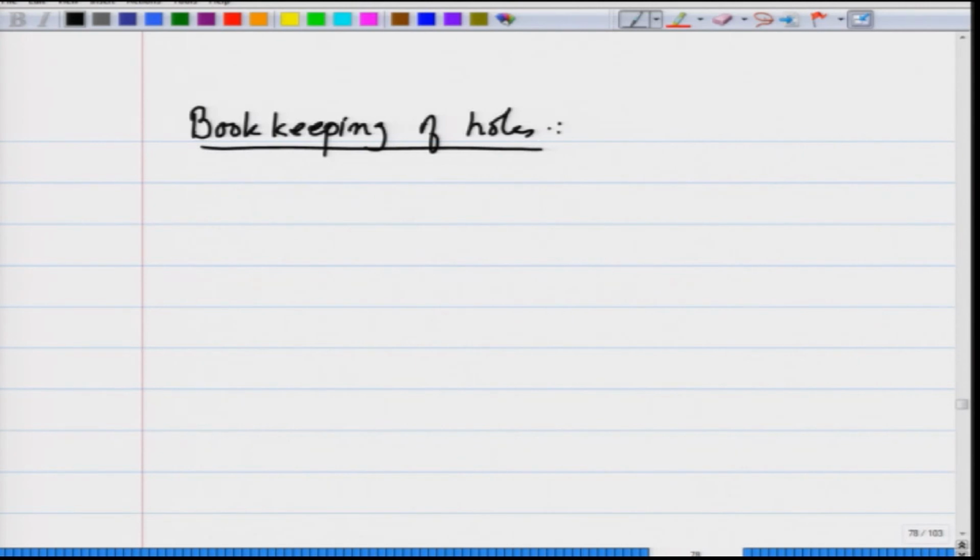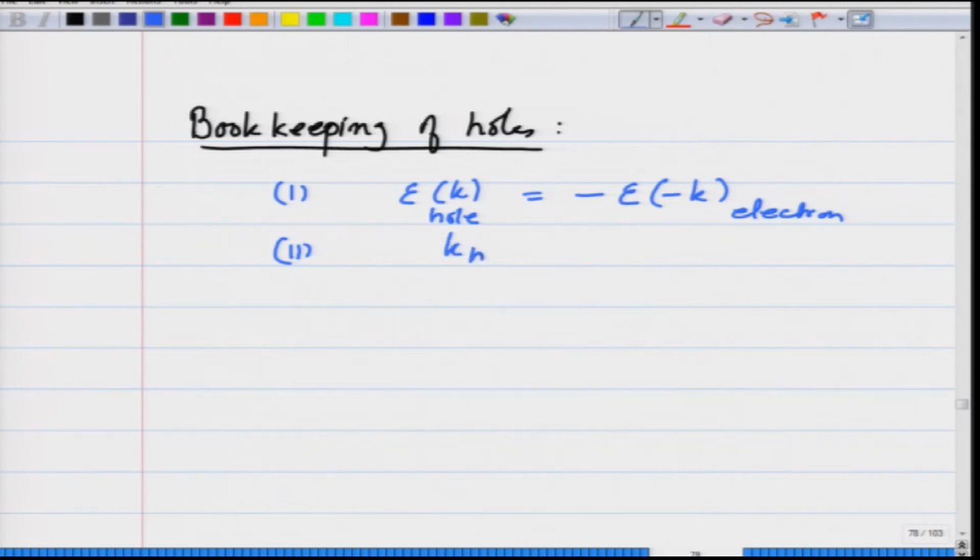holes is done through number 1, E(k) of hole is equal to minus E, and because of the symmetry of the band I can write as minus E(k) of the electron or the missing electron. Number 2, k hole is equal to minus k electron. Number 3, V hole is equal to V electron.